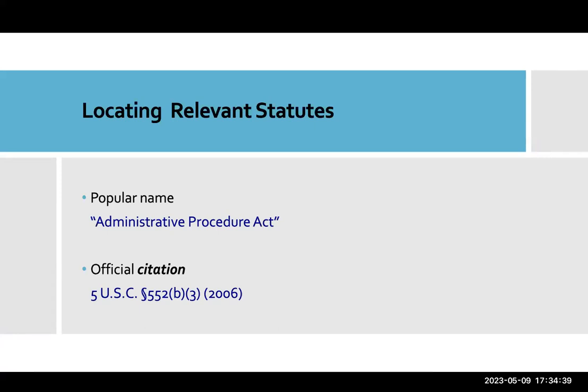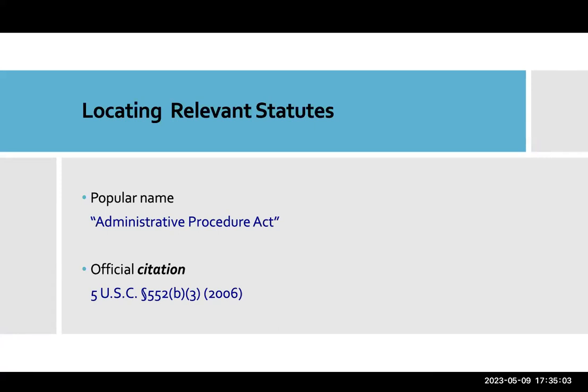One way to locate statutes is by their popular name, as set forth in the slide, things like the Administrative Procedure Act, Clean Water Act, things of that nature. More commonly, statutes are located by their citation. An example of a citation is in the slide.